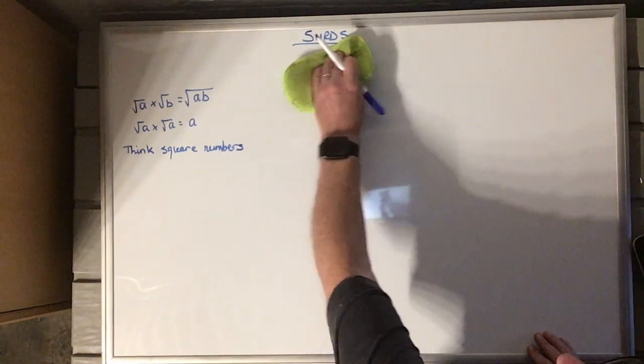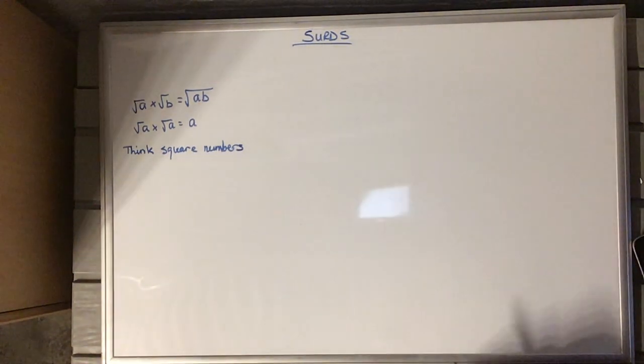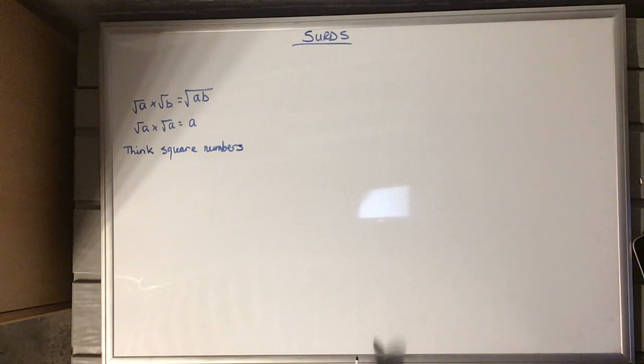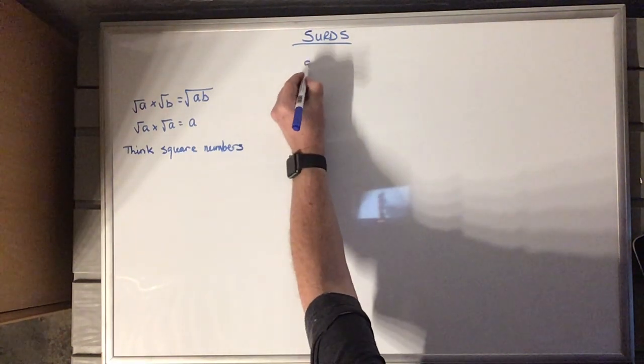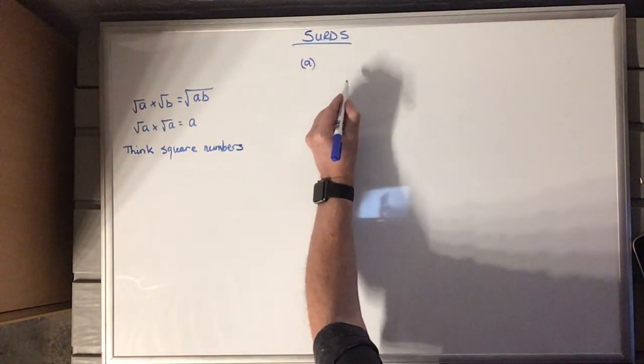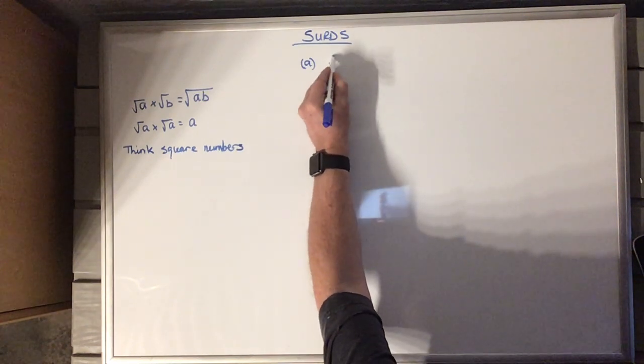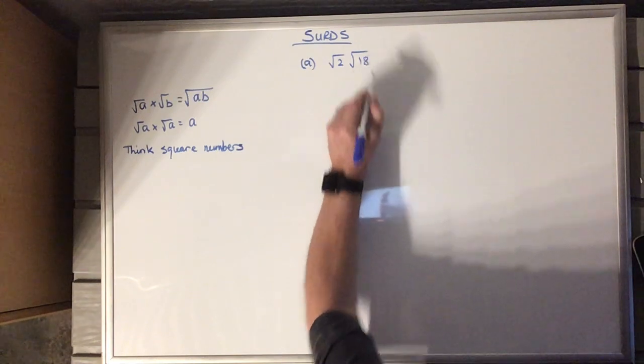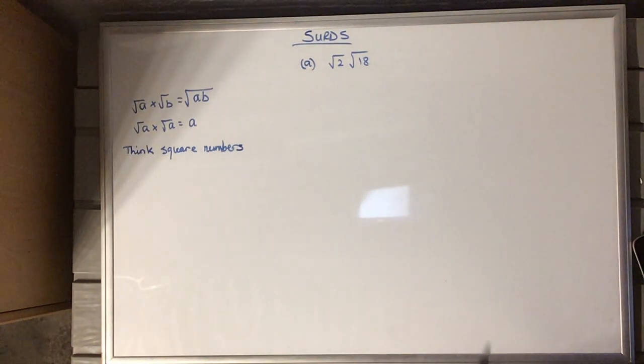So let's look at something a wee bit harder. Next question is going to be broken into A, B and C. So first part of the question, it asks to simplify root 2 times root 18. So we have to simplify that.